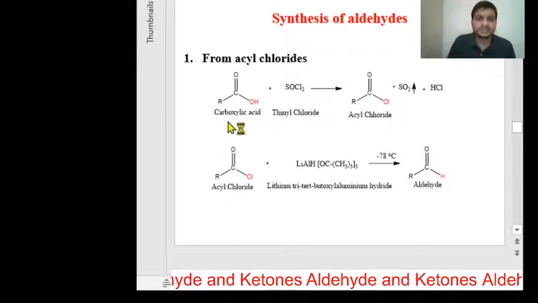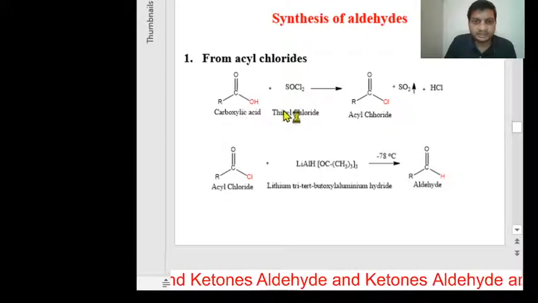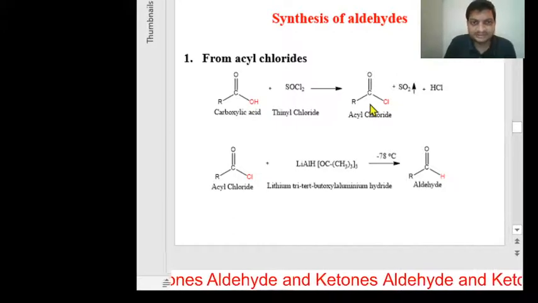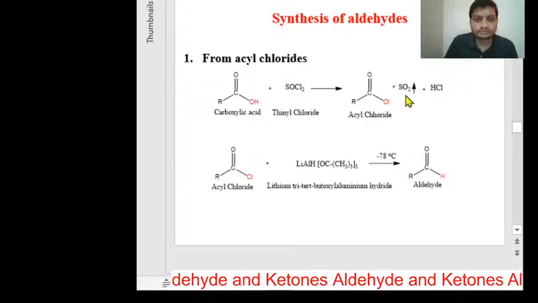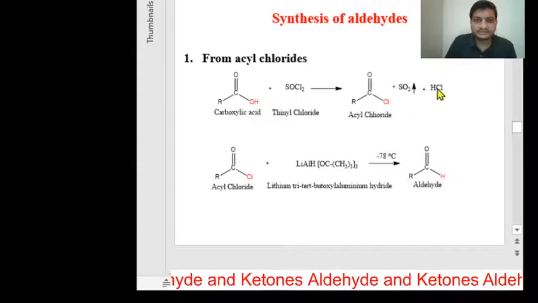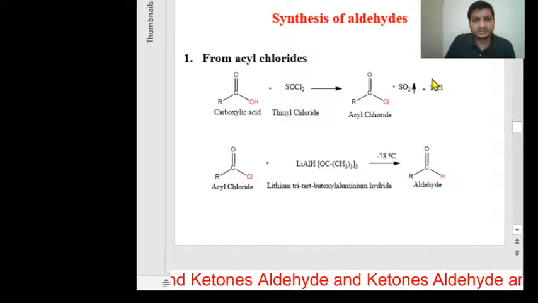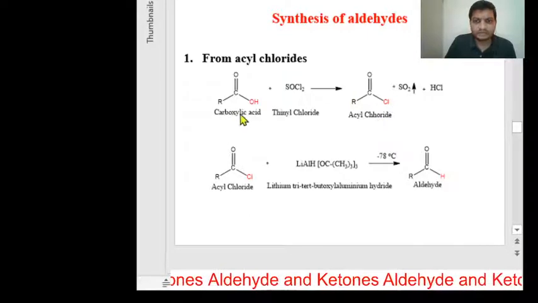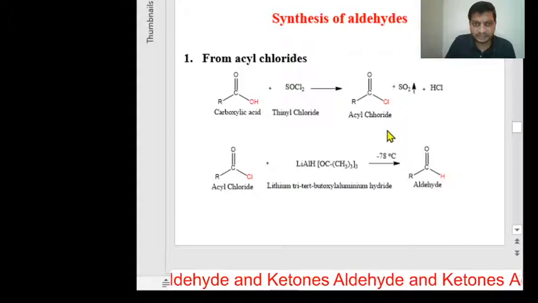So from the carboxylic acid group, this OH is replaced by chloride. In that reaction, the side products formed are SO2, a gas, and HCl, the hydrogen chloride. So first, we have got the acyl chloride from carboxylic acid by this reaction.